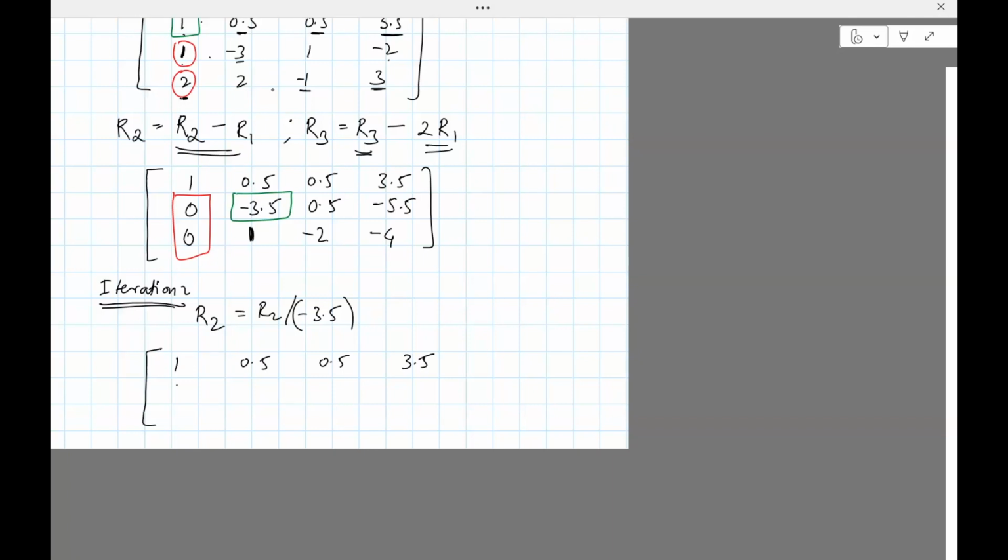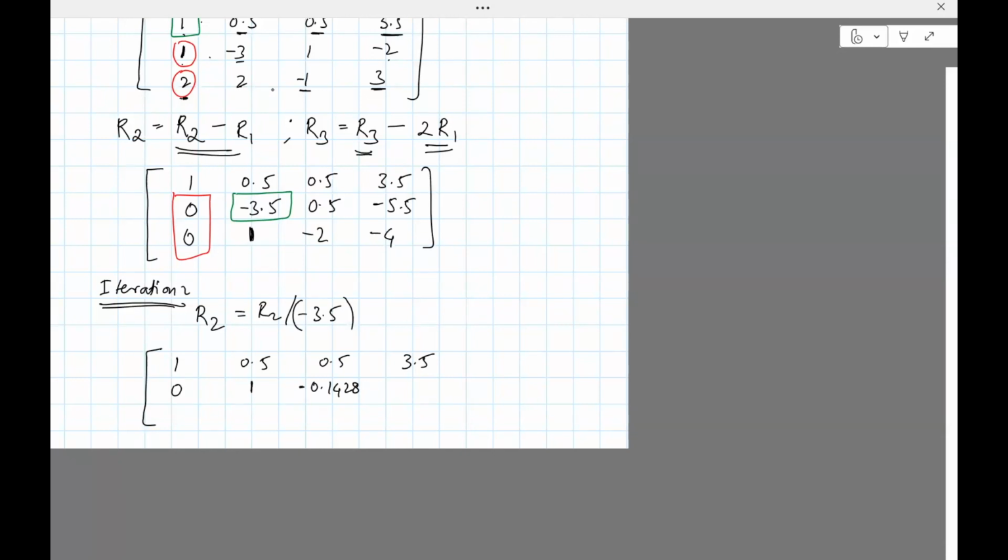The second row is affected. The first element is not, because it's 0. The second element would be 1. Then we would have minus 0.5 divided by minus 3.5. I actually did that. It's minus 0.1428.